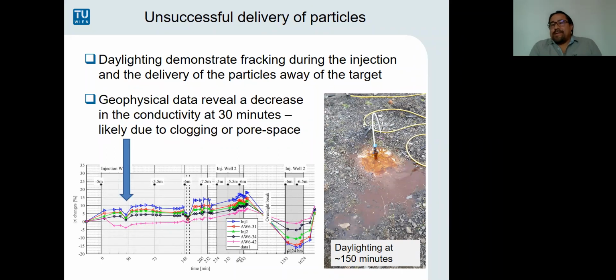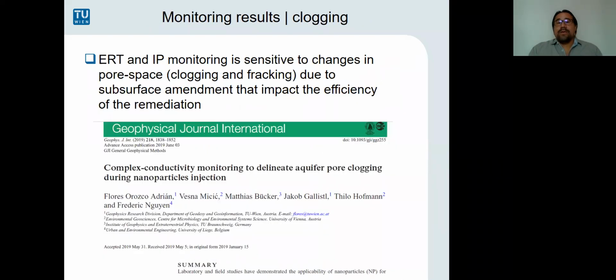So actually, if we have trust in the geophysical data at that moment, maybe we could have changed our injection and said, okay, well, let's stop the injection here because something is happening in the subsurface, and let's relocate the pump to a different point.